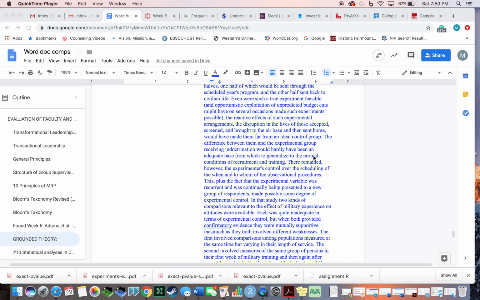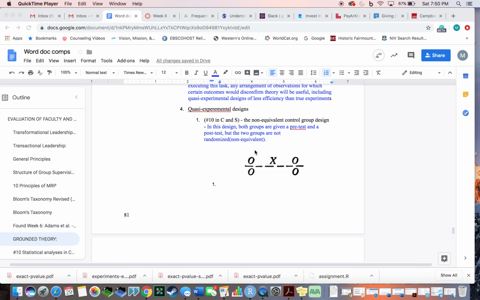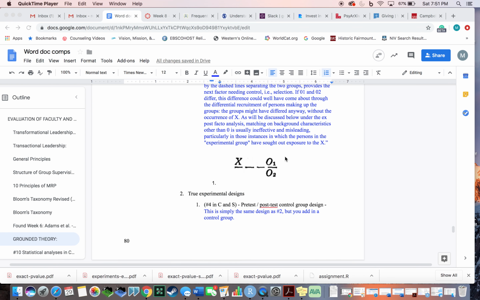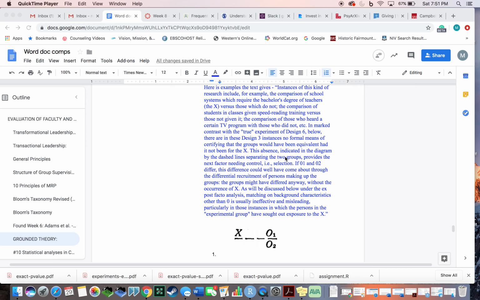Essentially, what Cass said is go with the easiest design that would work. So this is an easy design here, the non-equivalent control group design would work, but even easier, you could just do the static group comparison. You don't need to give anybody a pretest. You can just give them a post-test.